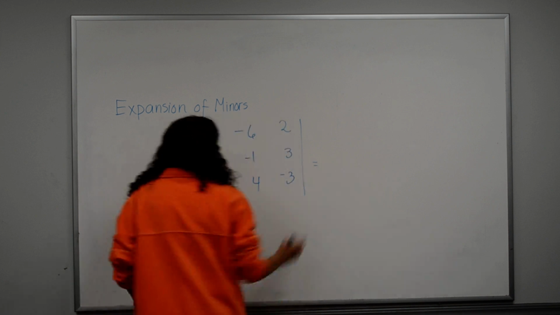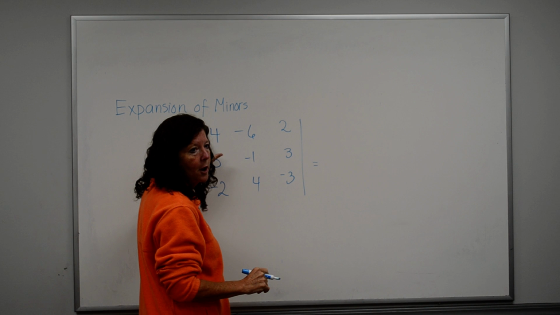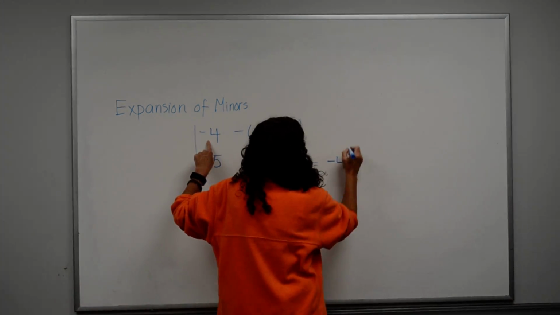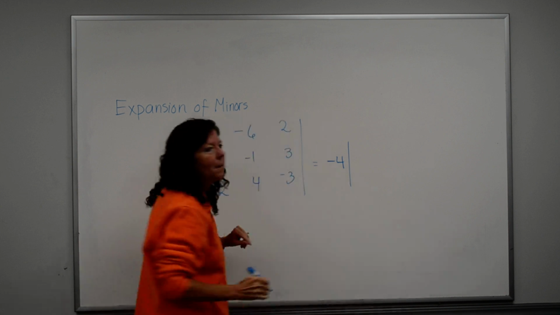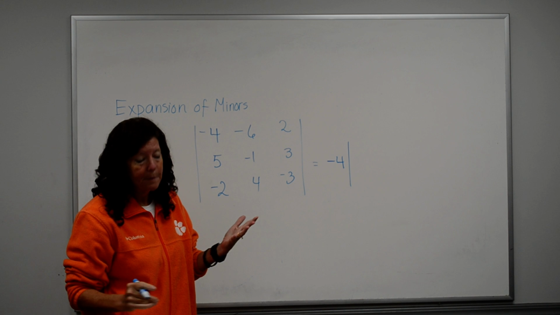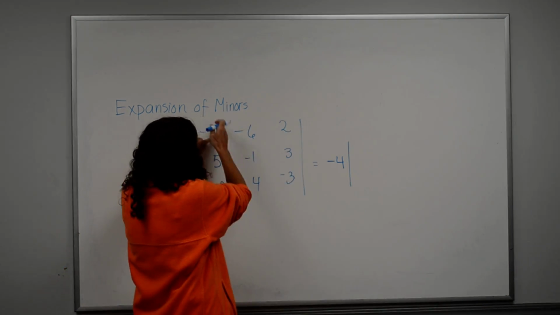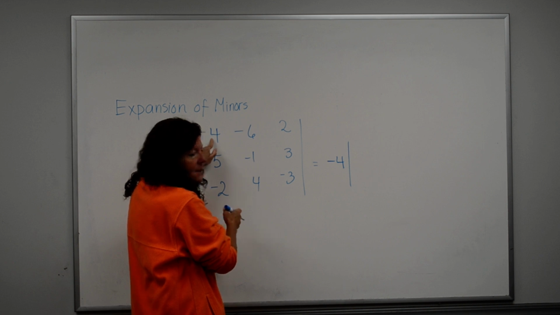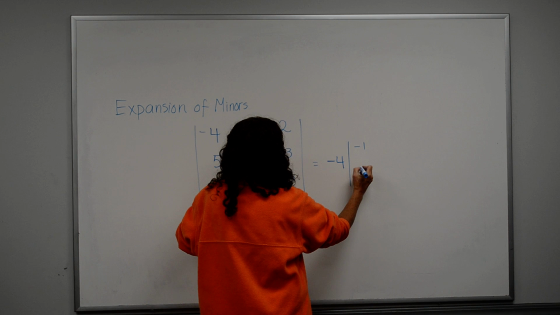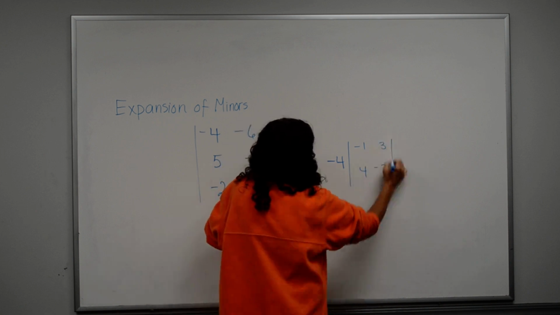Alright, there's a pattern here. The way the pattern works is I take the number in my very top left corner, -4. Then I multiply it by the determinant of its minors. So that means I'm going to block out the row and the column that it's a part of, and I'm going to find the determinant of -1, 4, 3, and -3.